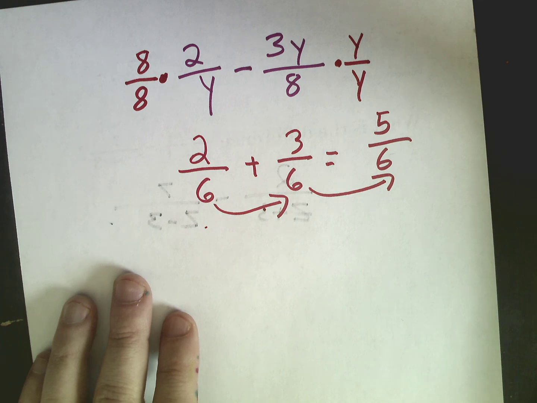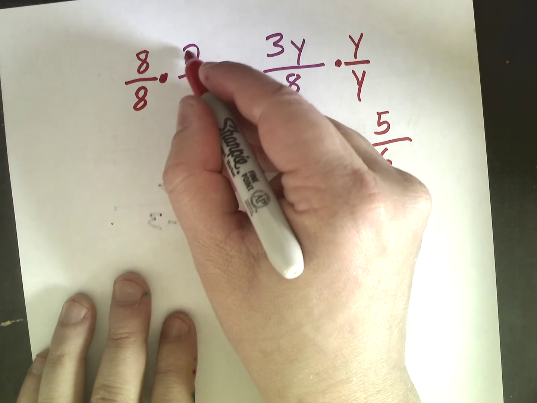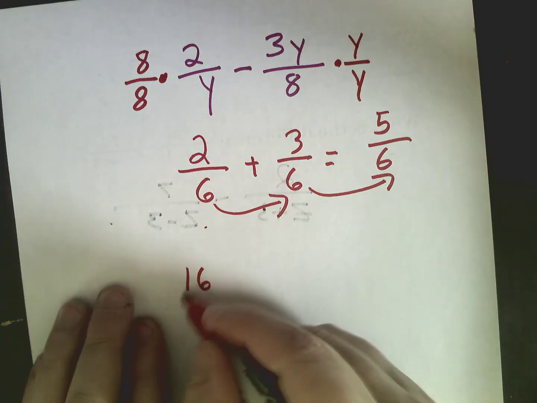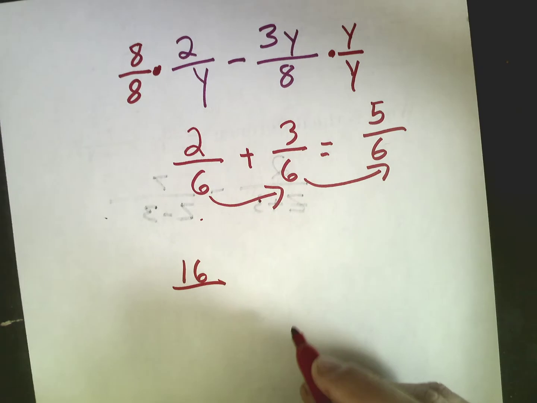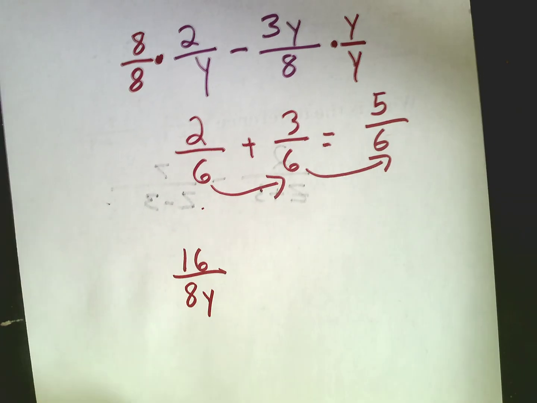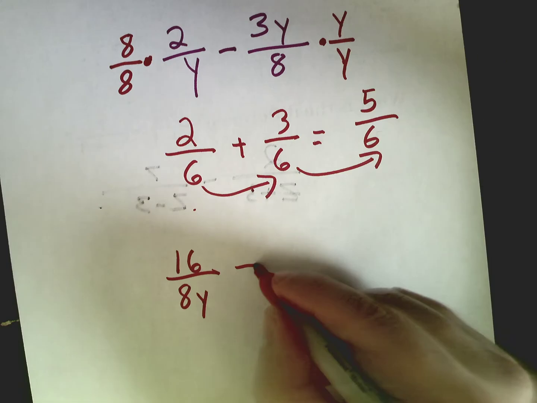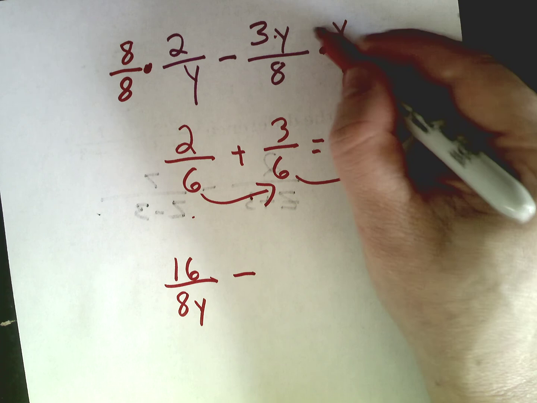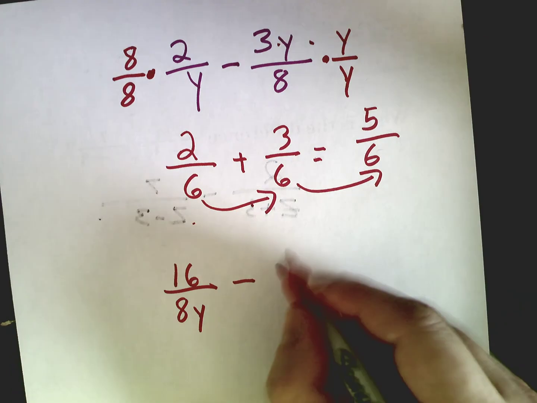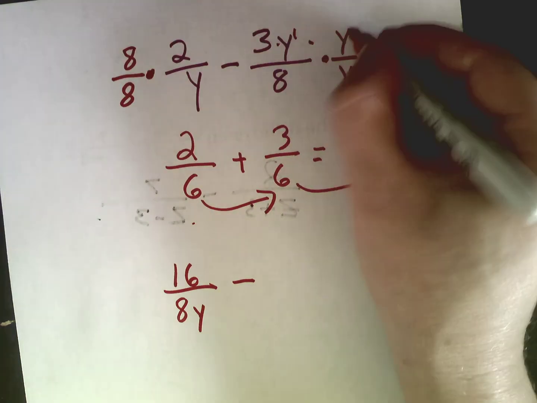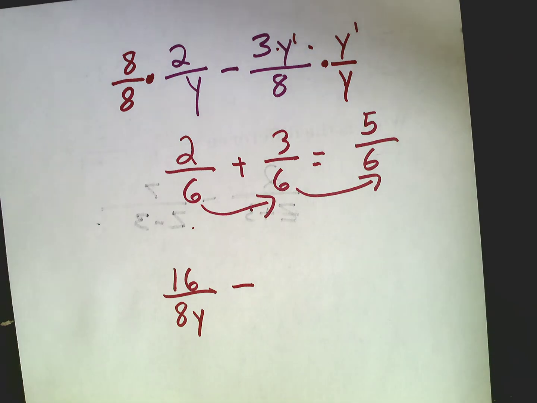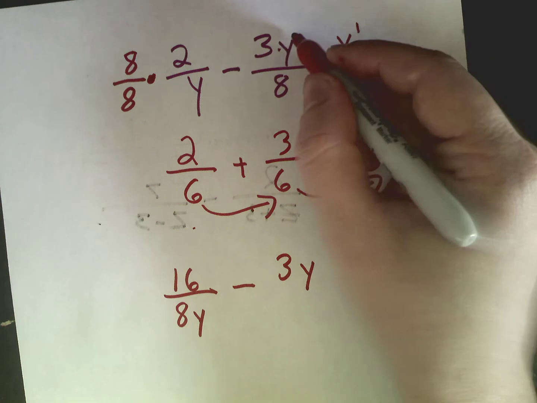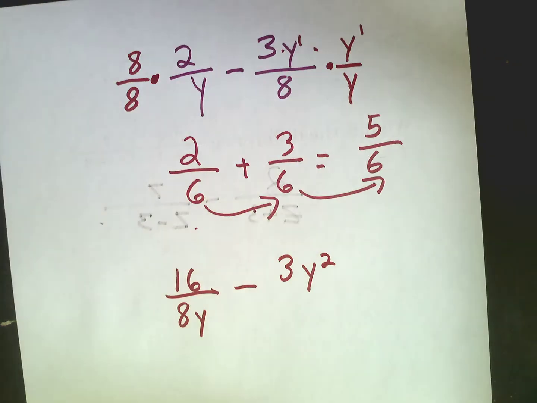So look what happens when you do this. 8 times 2 is 16, over 8 times y, 8y. Minus 3y times y. If you remember from your exponent rules, you keep the 3, you take the y, 1 plus 1 for the exponents gives me y squared.